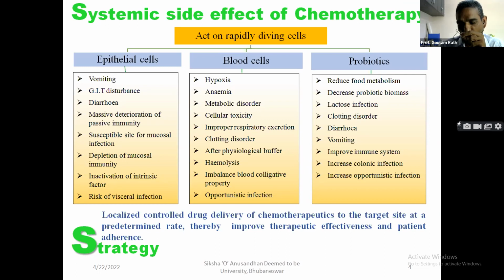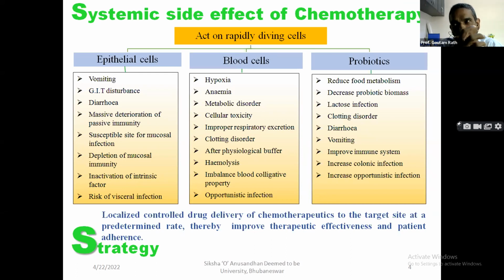So when the drug reaches off-target sites other than the cancer cells, it can produce side effects. So how are anti-cancer drugs localized?